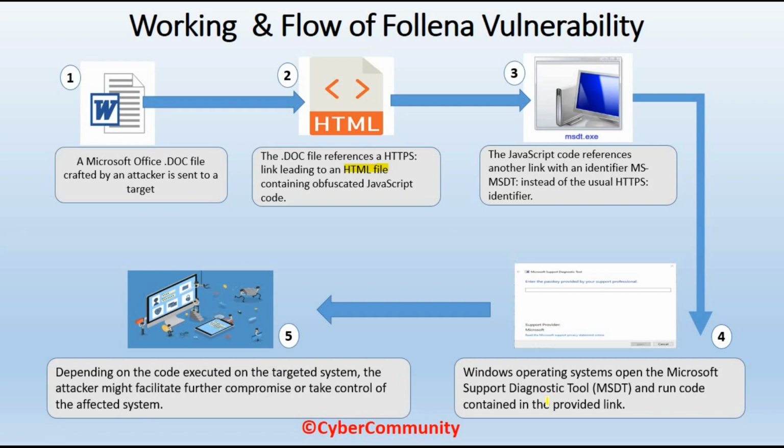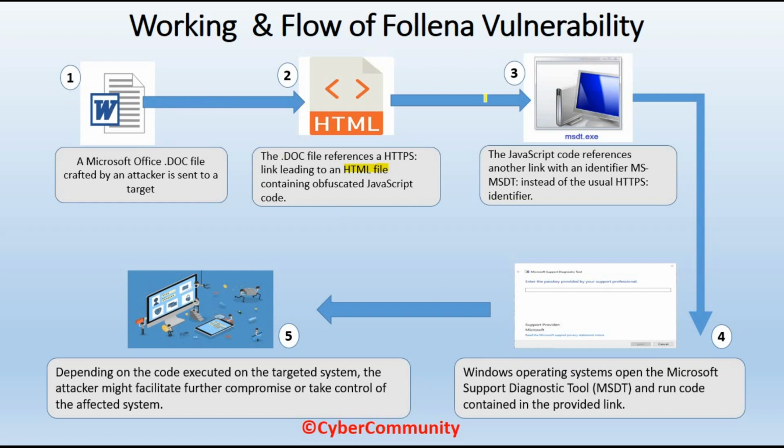It will check for a reverse shell, and if it is available, the attacker is going to take full control of the affected machine. They can steal a lot of data, execute other payloads, and steal your credentials. Whatever simple malware does, they can do all those things. So this was the typical flowchart of this vulnerability.